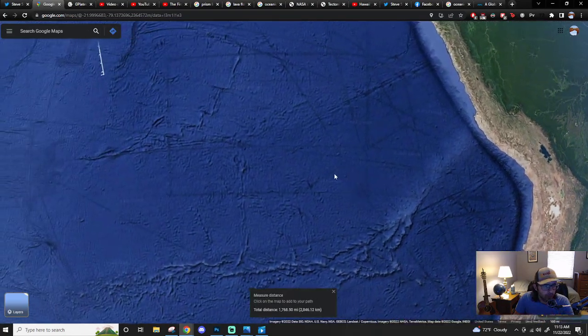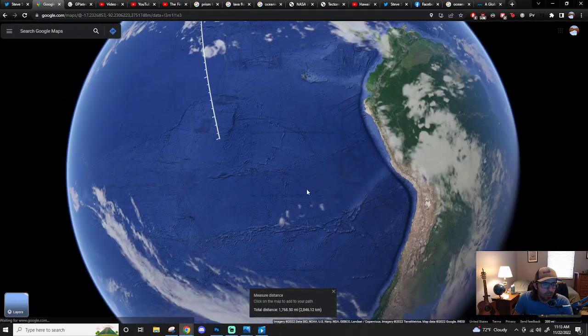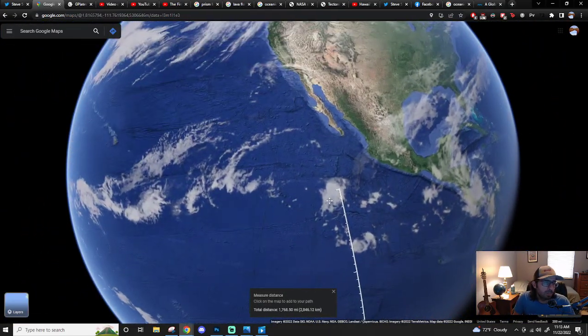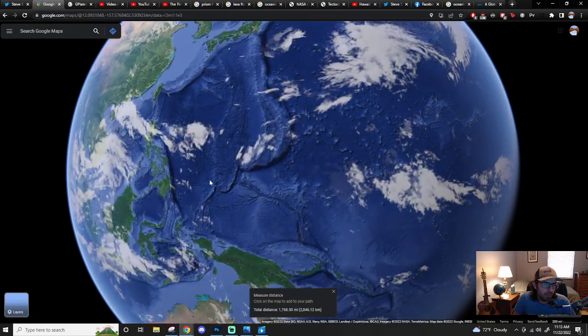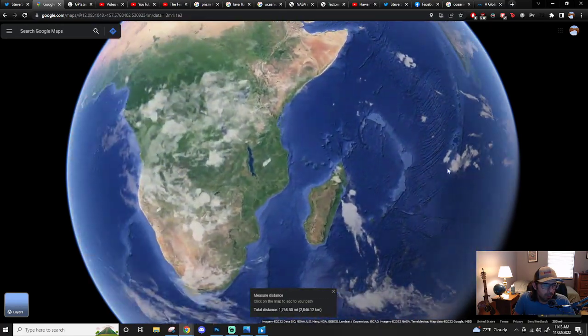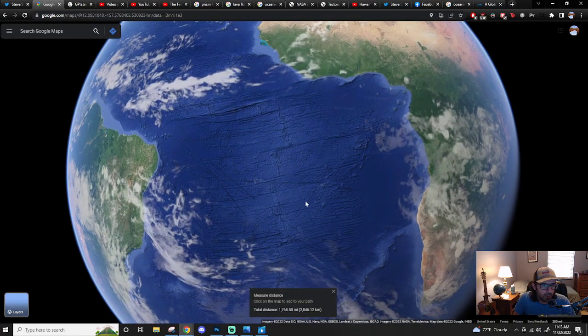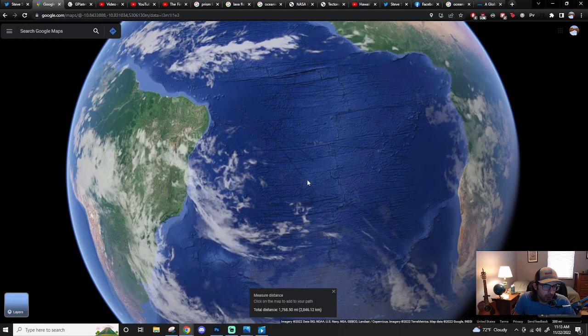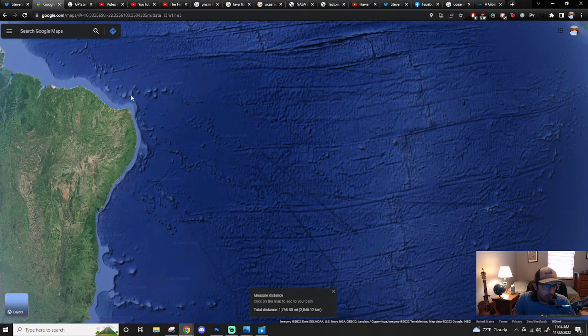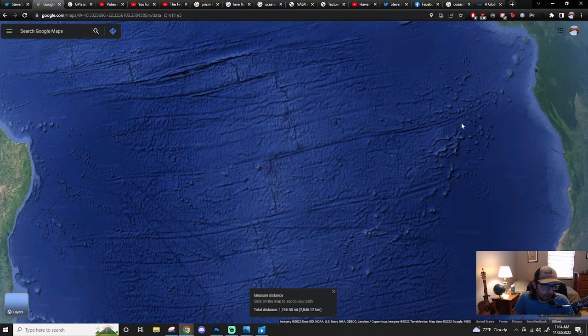Let's look around the world. So essentially the bulk flow is going across here, but a counter current is going across here.